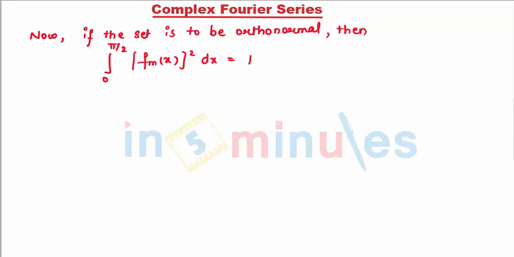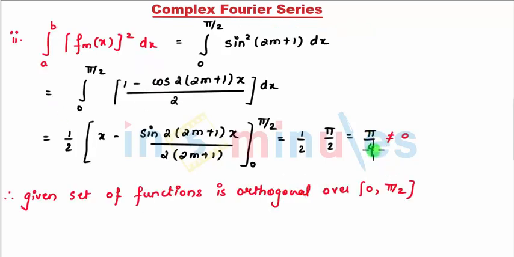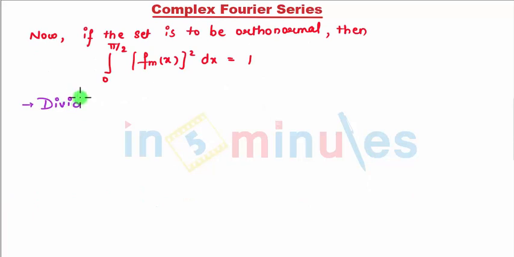But what we have got here, as you can see, is pi by 4. So obviously I need to divide both sides by pi by 4.